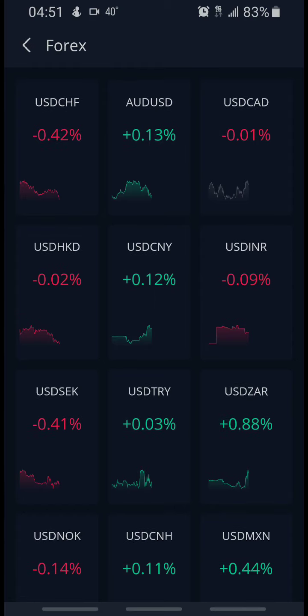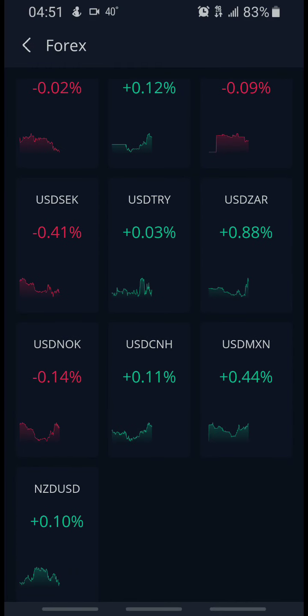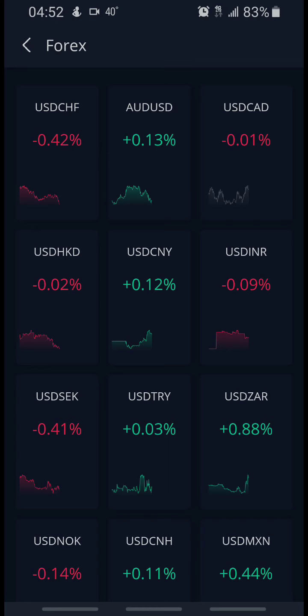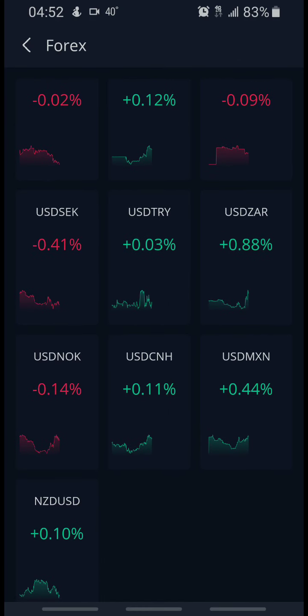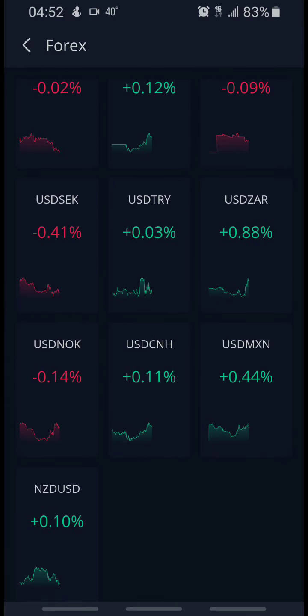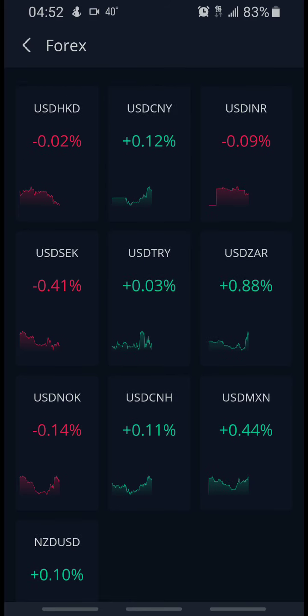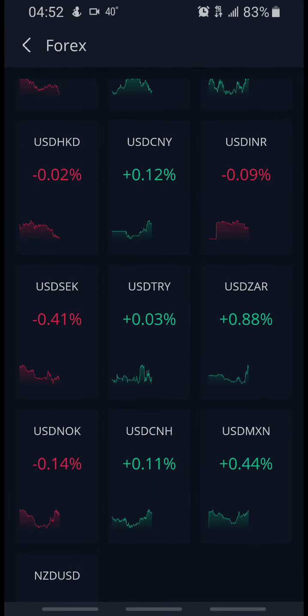And then all the way at the bottom, we have New Zealand, the Mexican peso. But we really wouldn't need the Mexican peso, might as well be a dollar derivative. The New Zealand dollar might as well be the Australian dollar. So we're going to move it up one more.